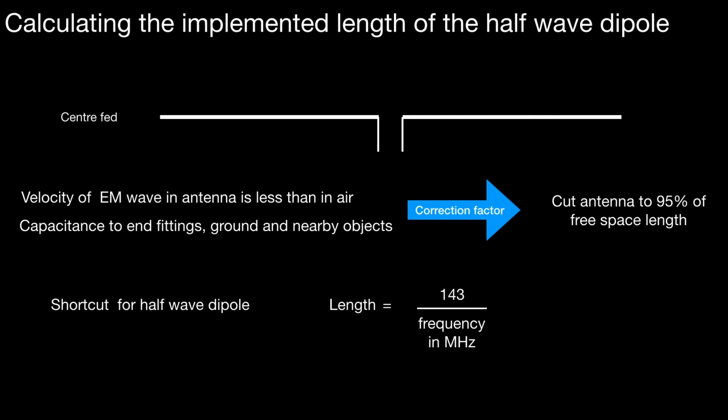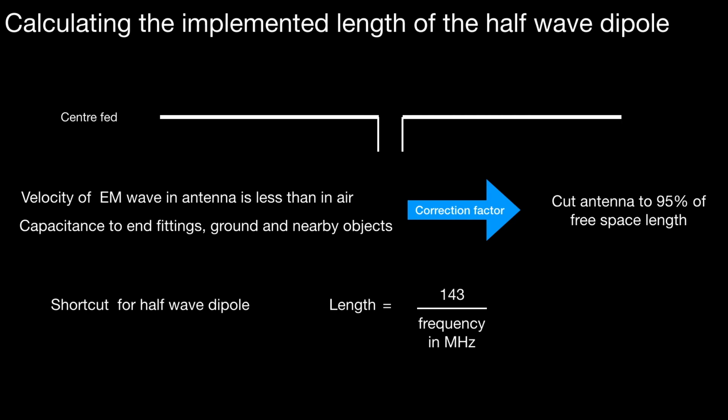If you take the length of the antenna as being 150 over the frequency in megahertz instead of 300, as in 3 times 10 to the 8th, it would be 150 over the frequency in megahertz, because the 10 to the 8th at the top cancels out with a 10 to the 6th at the bottom.